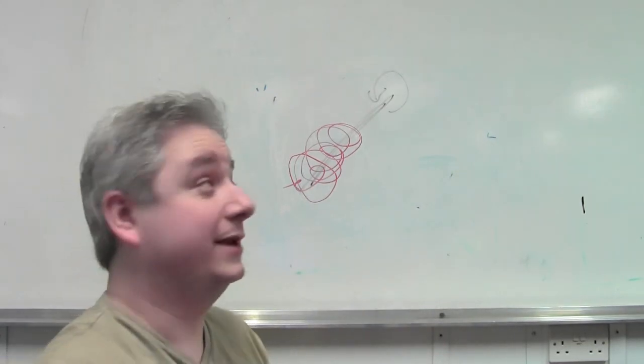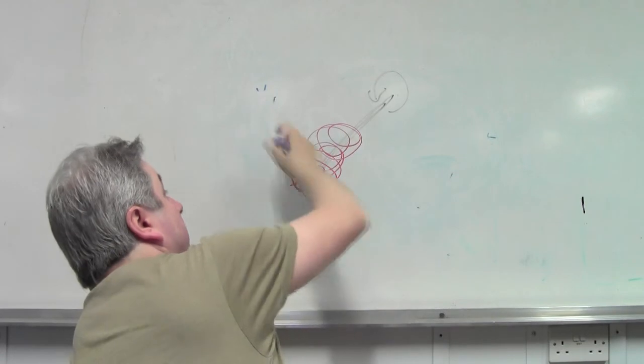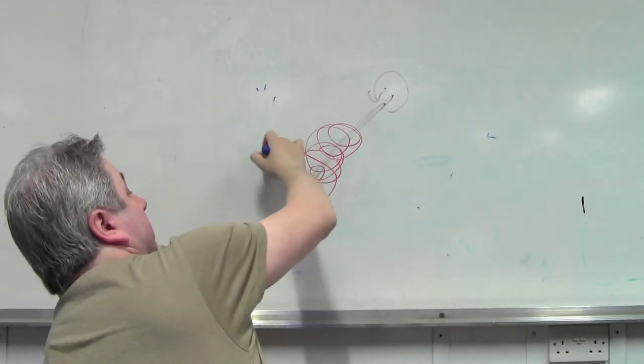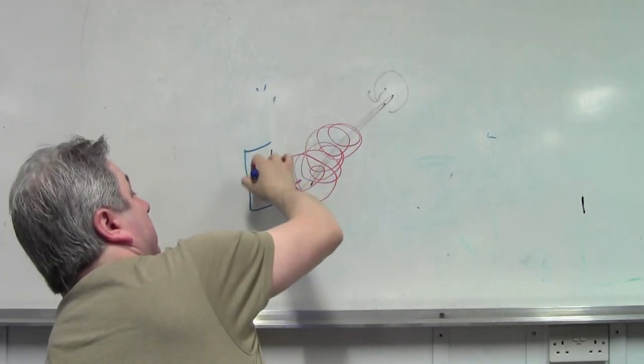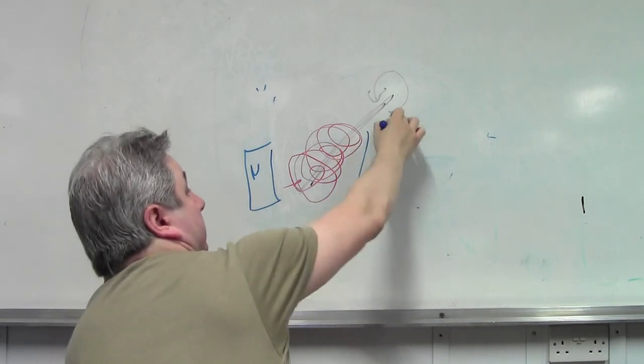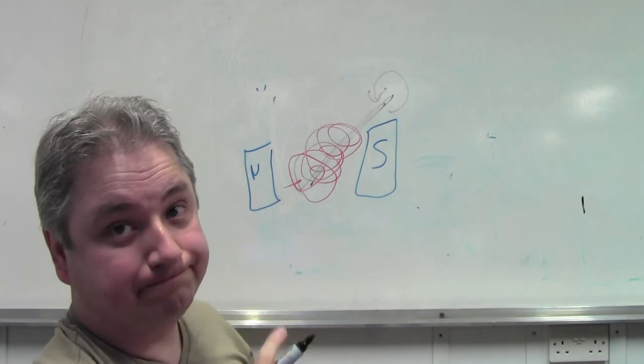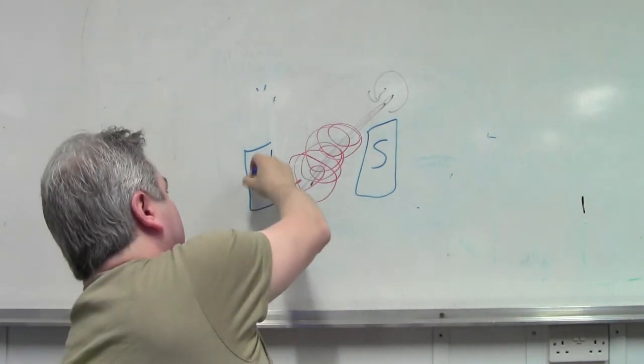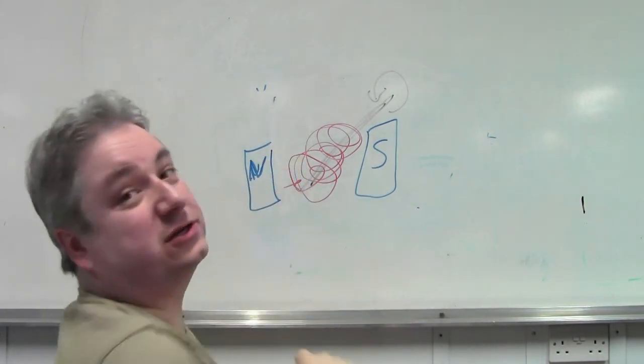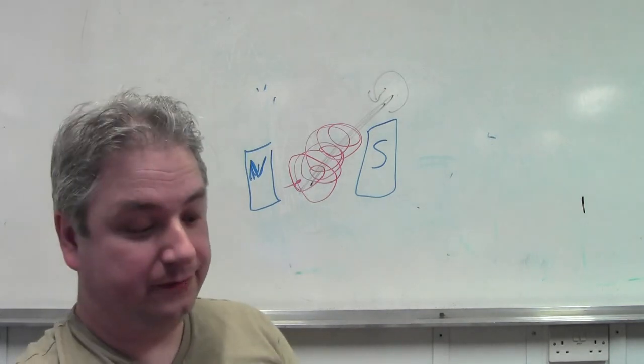So we've got our magnetic field, which is north and south. Okay, so we've got north and south poles.